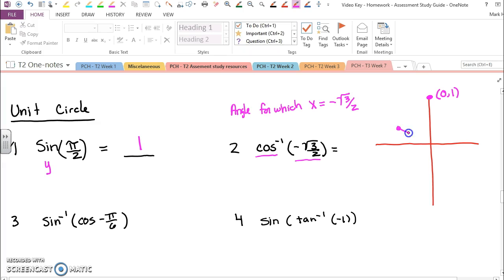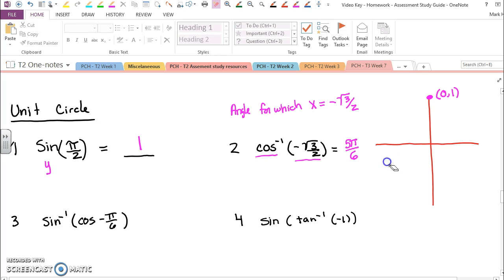Well, that could be this angle or this angle, 5 pi over 6 or 7 pi over 6, but only 5 pi over 6 is in the range of the inverse cosine function because we go from 0 to pi. So that's why that one's right, and we ignore 7 pi over 6.